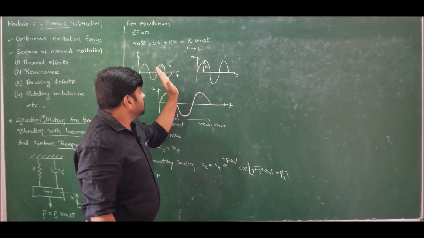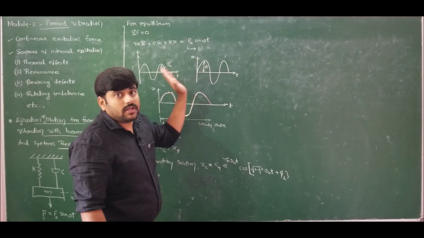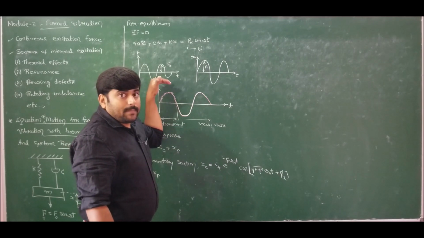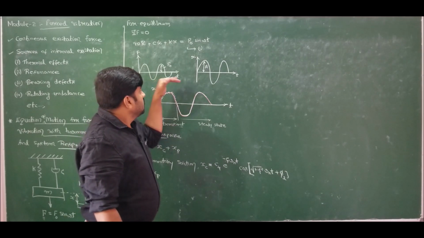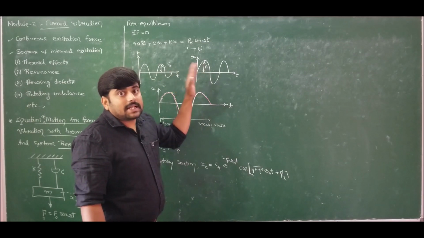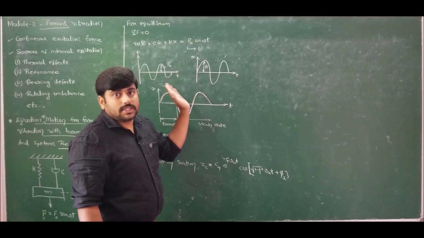So what I mean to say is that there is a phase difference between these two. Since the externally applied force is periodic with harmonic force, the displacement is also harmonic in nature, but they are not exactly the same. There is a phase difference between these two.